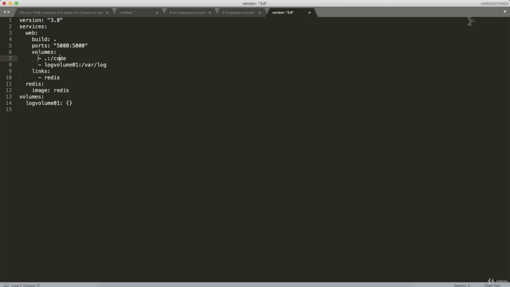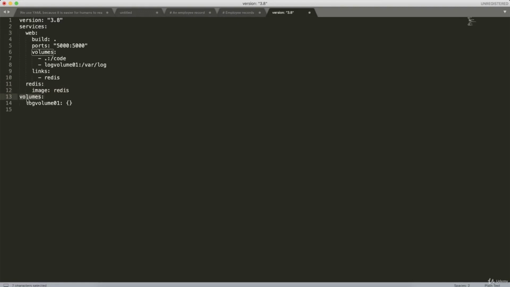So the volume is the same, as you can see, the list here, and the links here, which is Redis. Again, this is a list under the links. I can put many links as well by providing the dash here. And Redis, as you can see, is the second one under the services. The first one is web, and the second one is Redis. Image, Redis.